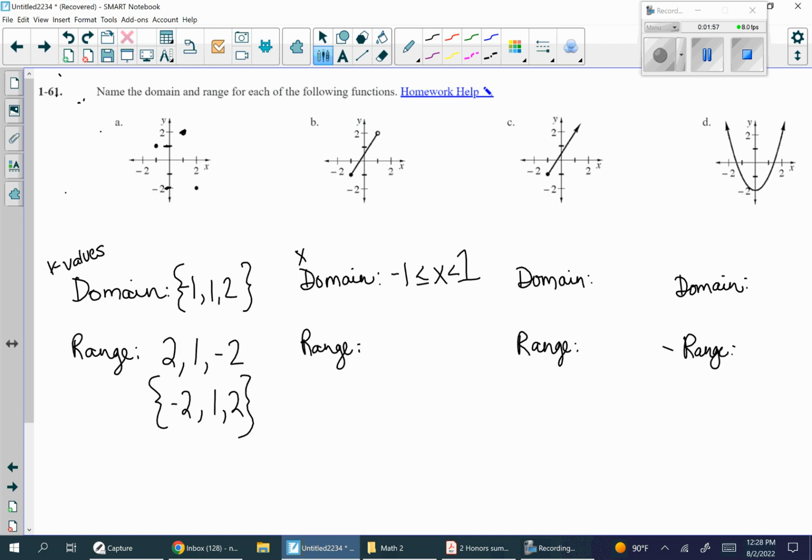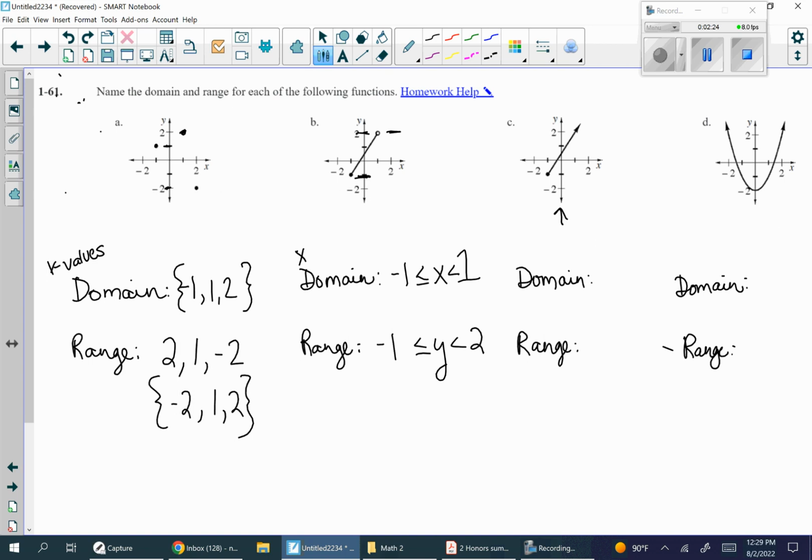The range is low to high, so it goes all the way down to -1. So -1 is less than or equal to y is less than 2. So it starts down here at -1 and it goes up here to 2. And notice the difference in how the closed circle means less than or equal to and the open circle means simply less than.